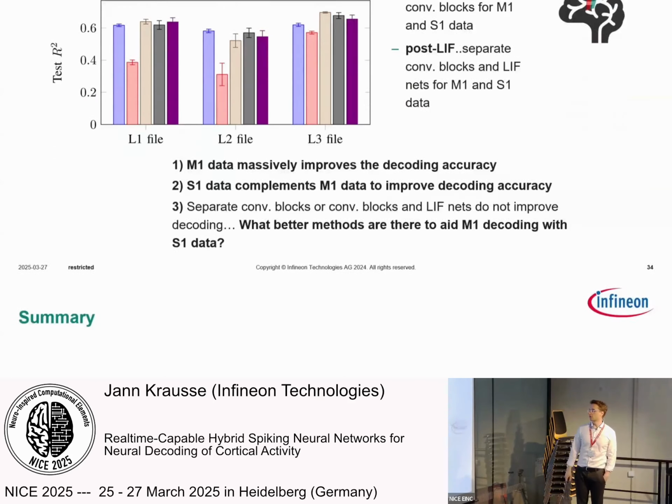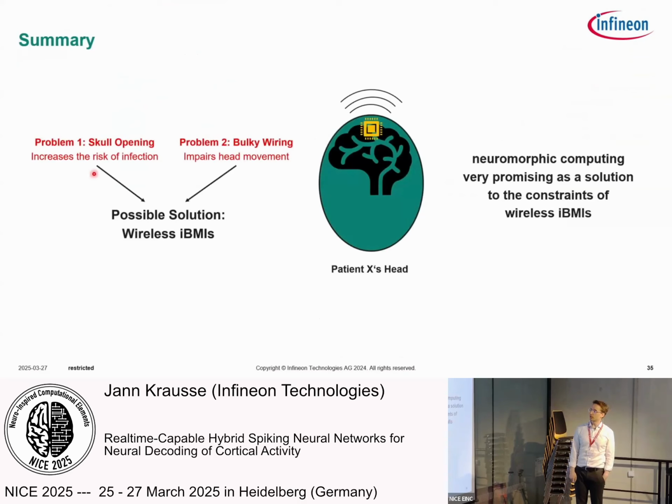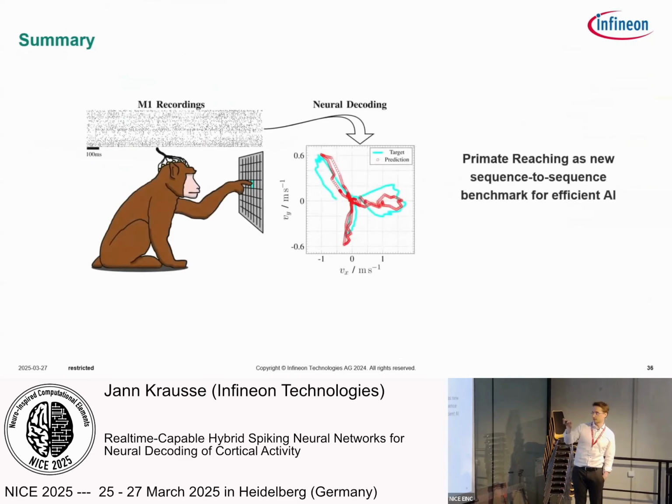Okay, to give a quick summary, neuromorphic computing is a very promising approach to solving all these problems that come with iBMIs and wireless iBMIs. And this dataset, the primate reaching dataset, which is offered by NeuroBench, seems to be a very nice benchmark for efficient AI when it comes to sequence decoding tasks.